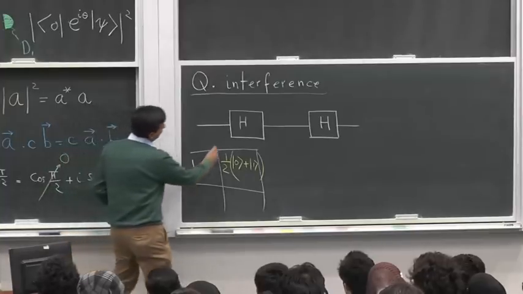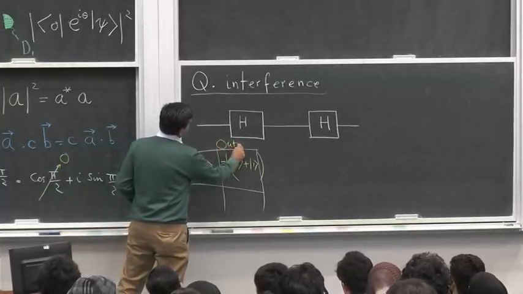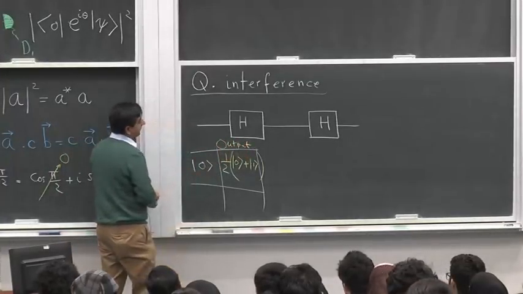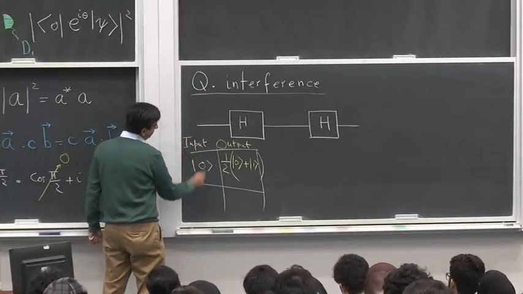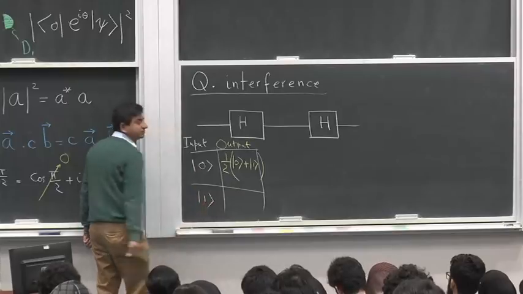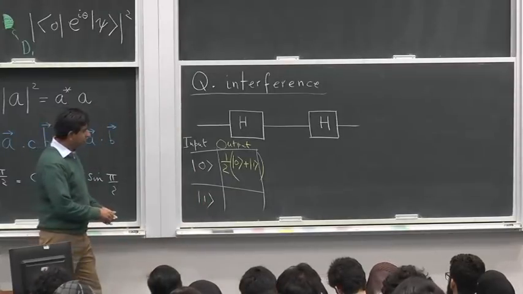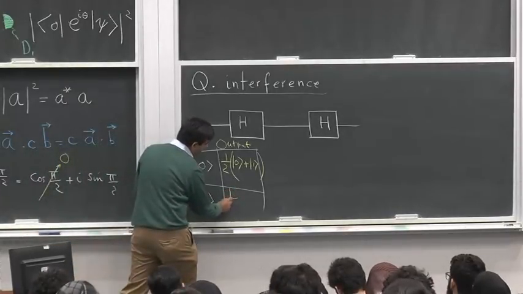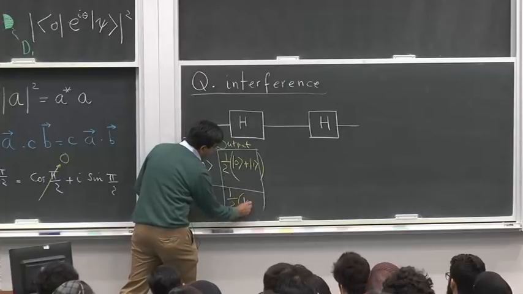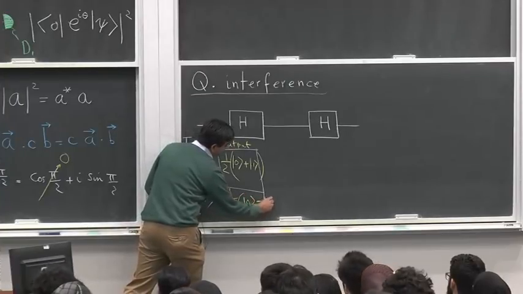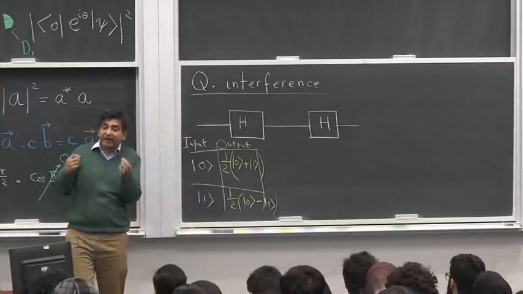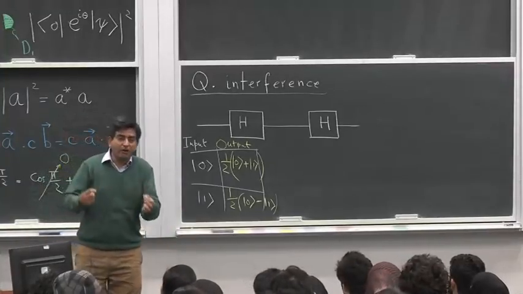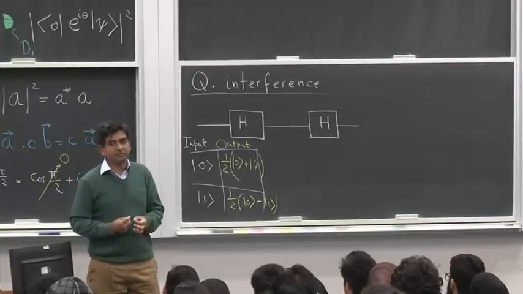So this is my output from a Hadamard gate, and this is my input to a Hadamard gate. If my input is ket 1, my output is 1 over root 2, (ket 0 minus ket 1). Alright? So this is how I am defining the operation of the Hadamard gate.